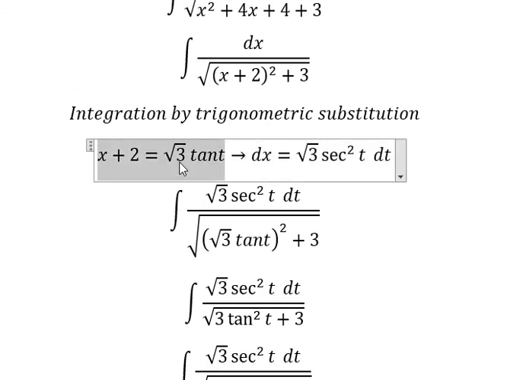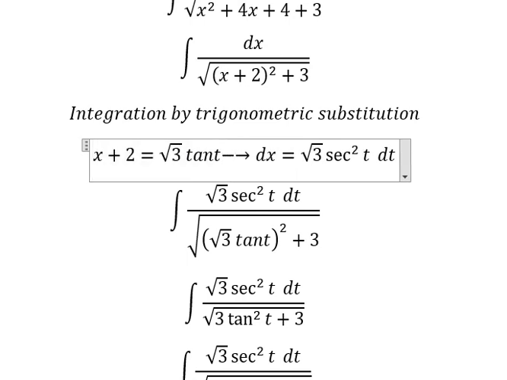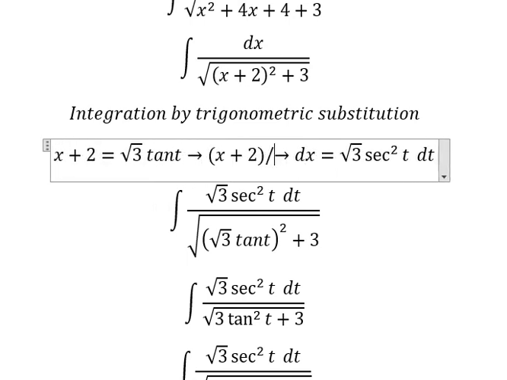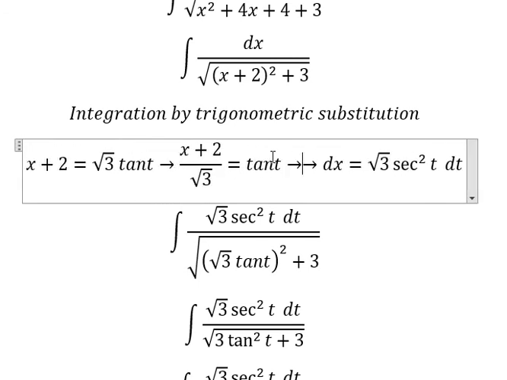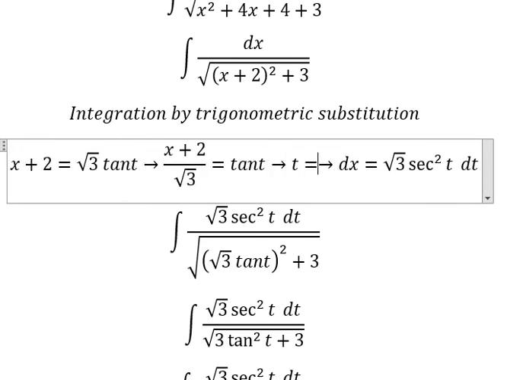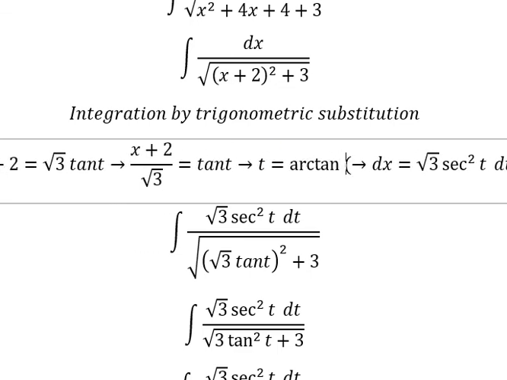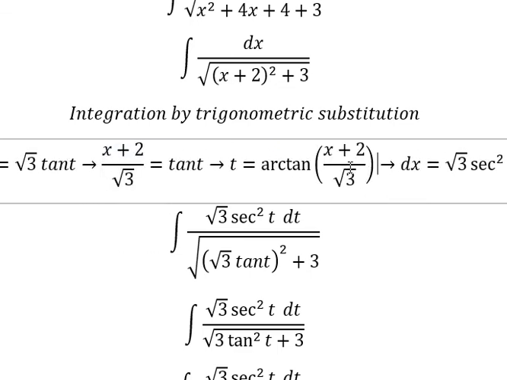So we need to divide both sides by the square root of number 3. So we have t equals arctan of this one. So I need to put this one to replace for t.